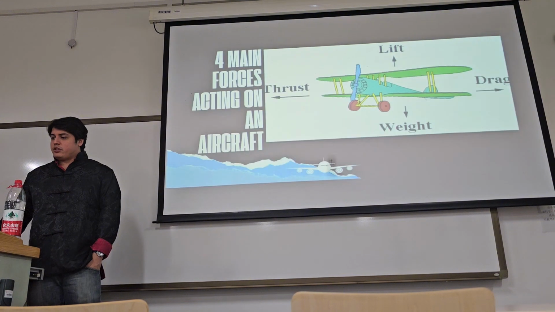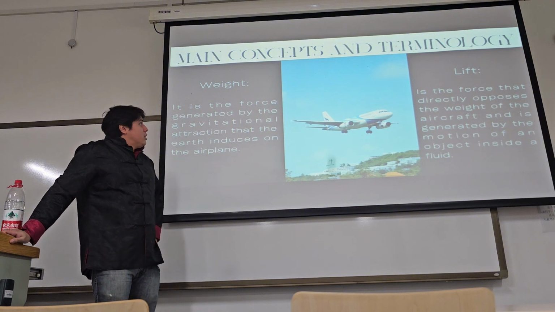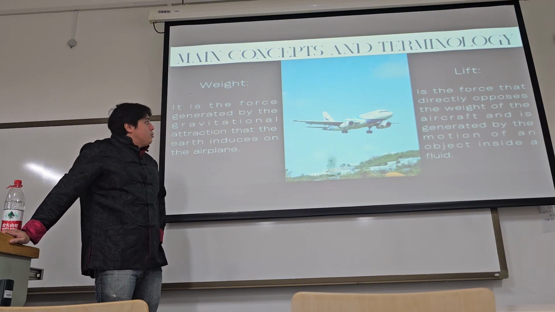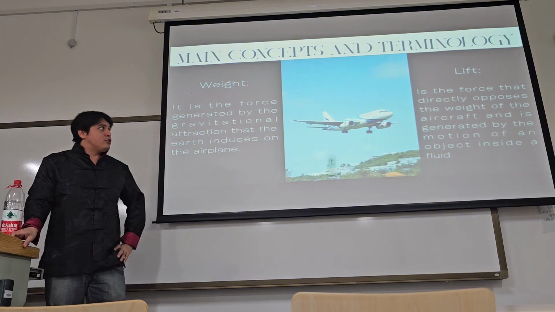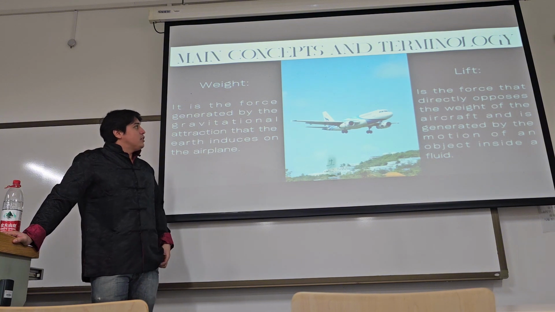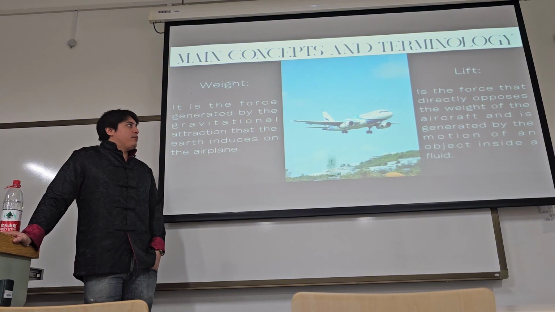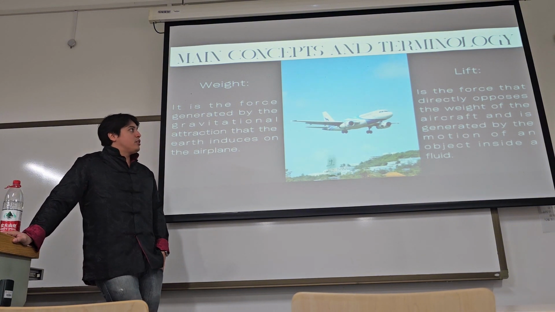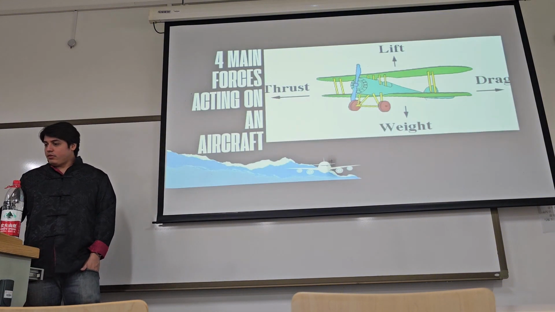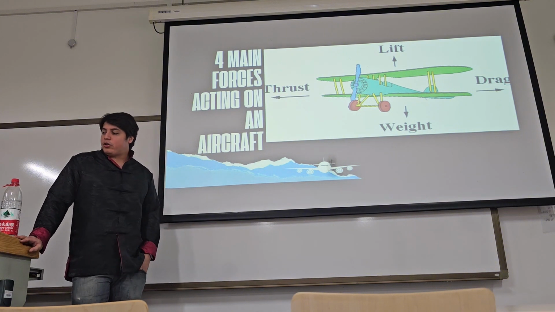which we can see here. As we already mentioned, we have the weight, which is inherent to any body that has mass on a planet. Then we have the lift, which counteracts the weight. We can see how the four main forces act on an aircraft.